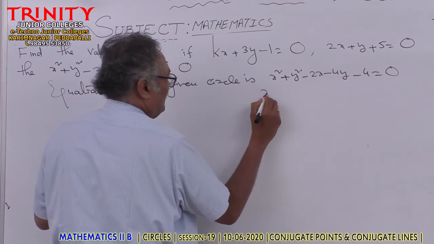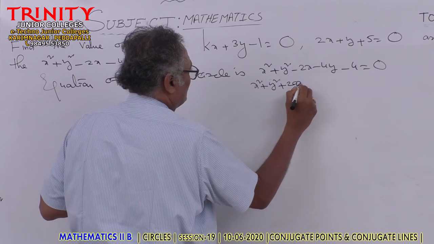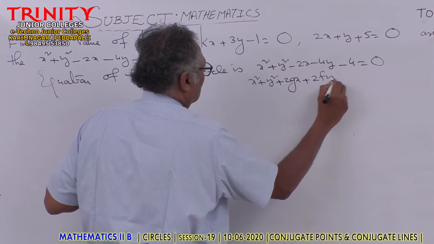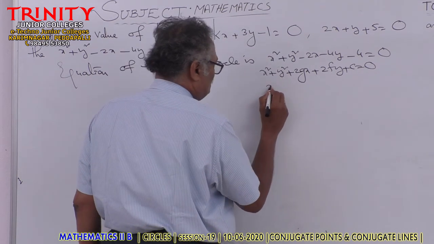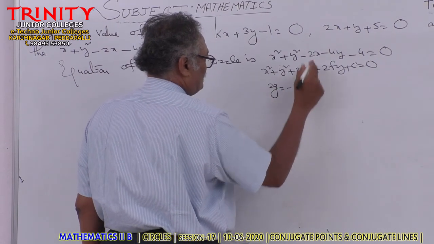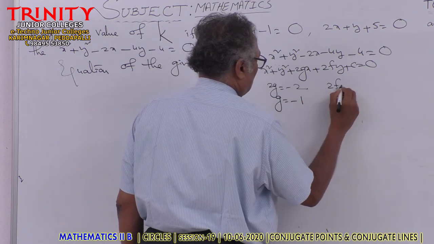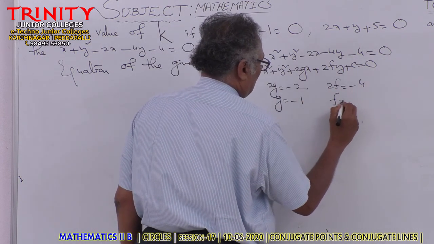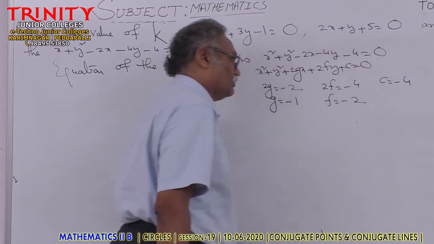Comparing with x square plus y square plus 2gx plus 2fy plus c is equal to 0: 2g is equal to minus 2, g is equal to minus 1, 2f is equal to minus 4, f is equal to minus 2, c is equal to minus 4.